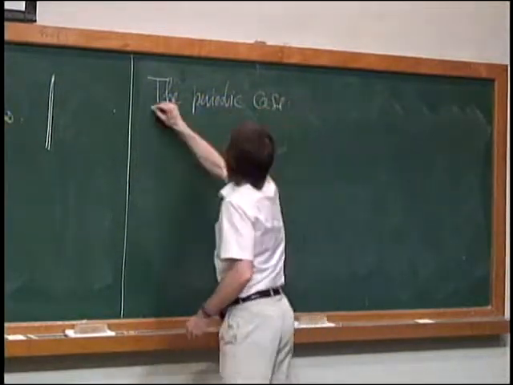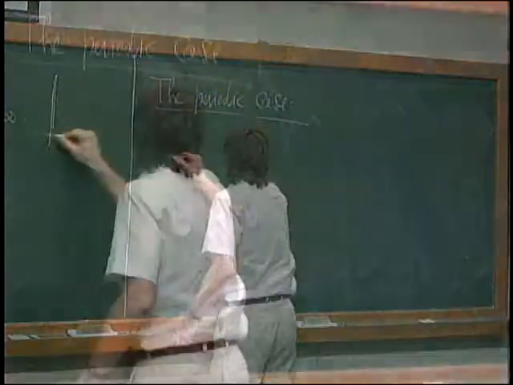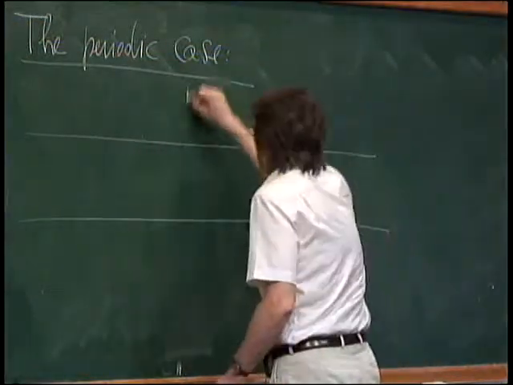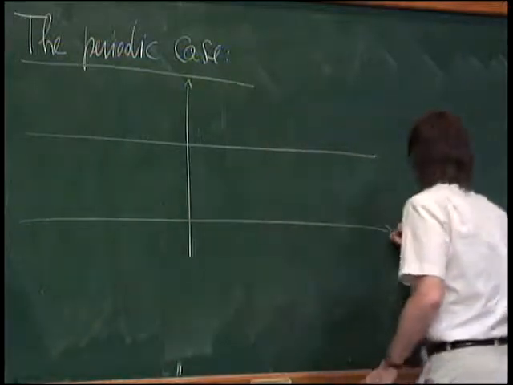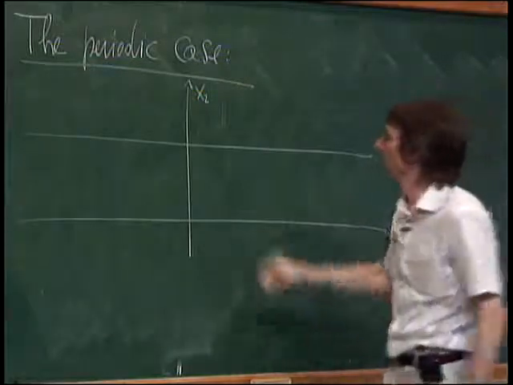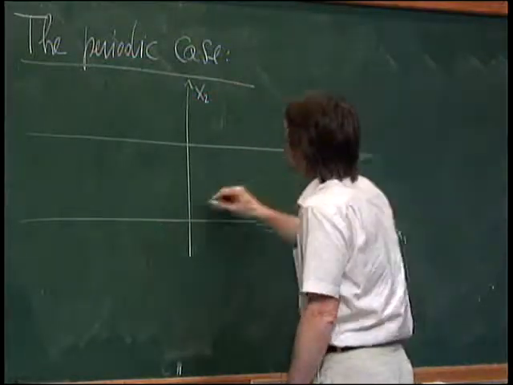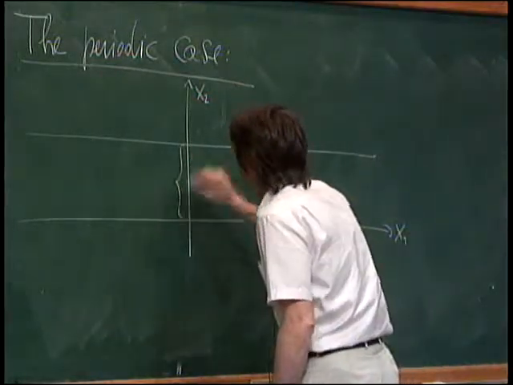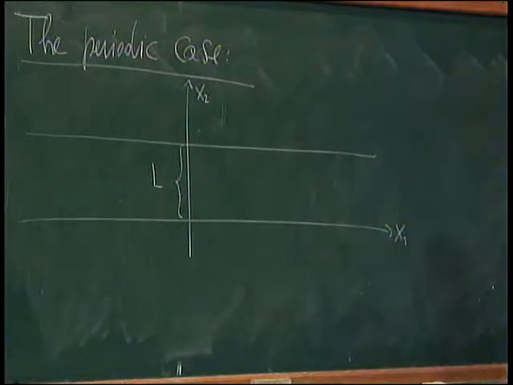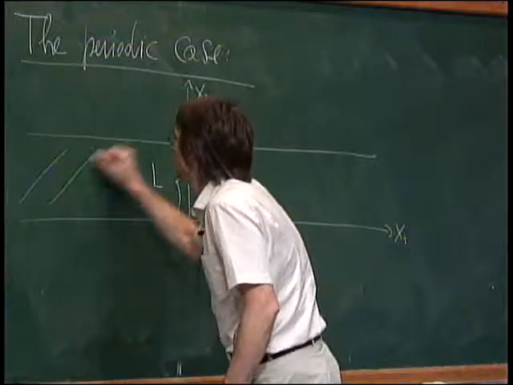Instead of being in the whole plane, I am now in an infinite strip for which I apply periodic boundary conditions. So if you prefer, I am on a cylinder, a flat cylinder. So this is x1, x2. The diameter of my strip will be L. I put some length here, and I consider this domain here, omega.